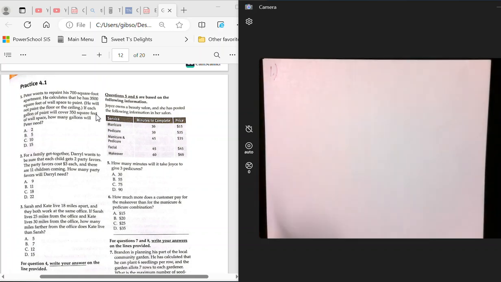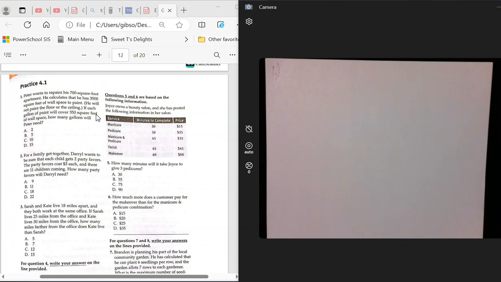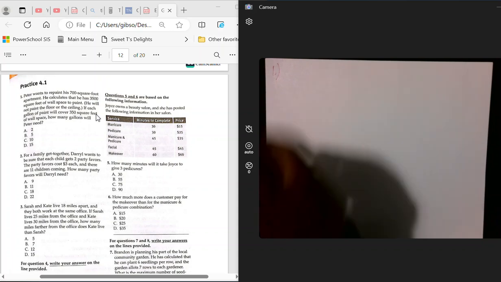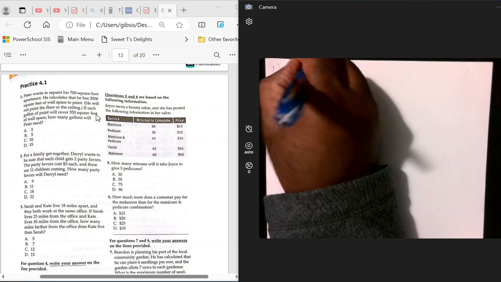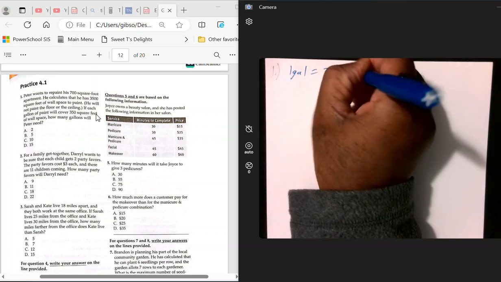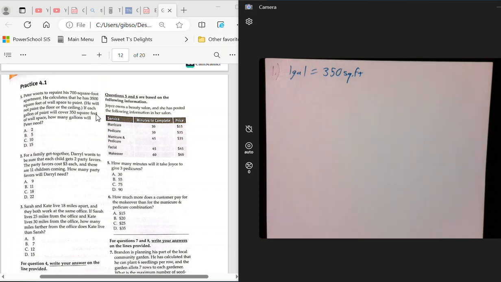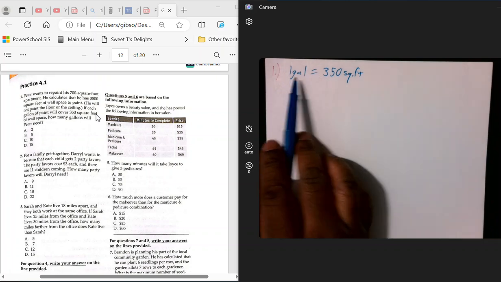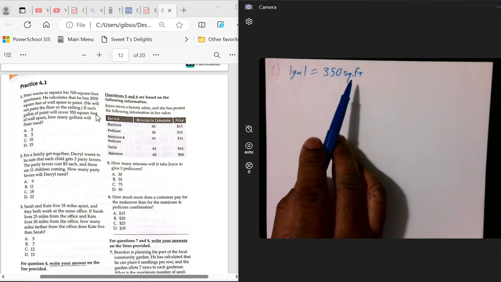So we would say 1 gallon is equal to 350 square feet. Now you don't have to write this. I write this down so you can see the steps here. So we know we're going to have to deal with this 1 gallon of 350 square feet.